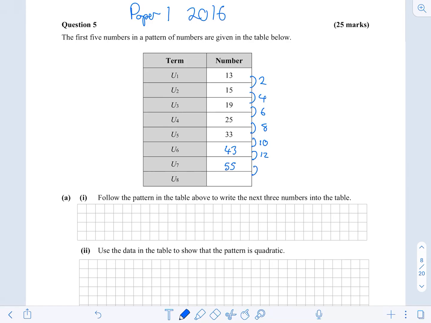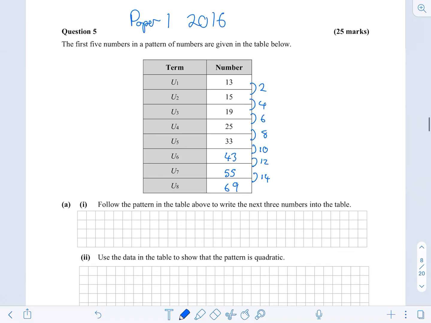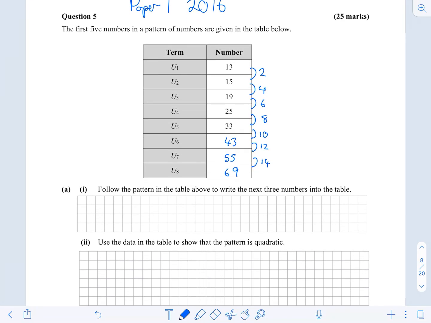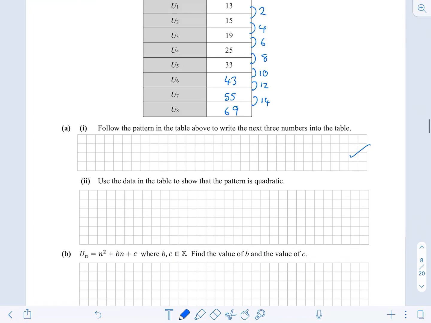We're going to jump up 14, and that's going to give us 69, is it? I think so. Okay, that was a bit weird that they just got you to do that without any kind of scaffolding, but anyway, that's our pattern. So that's part 1 of question A dealt with.